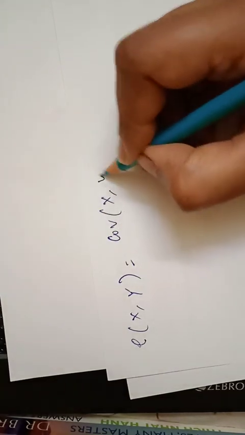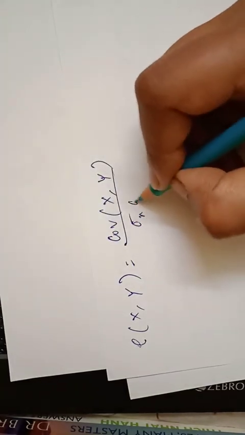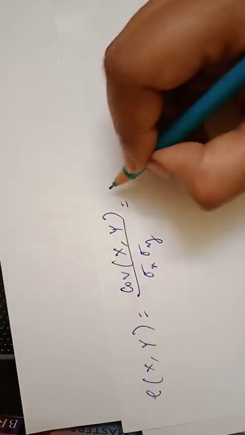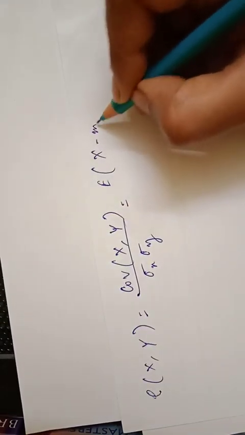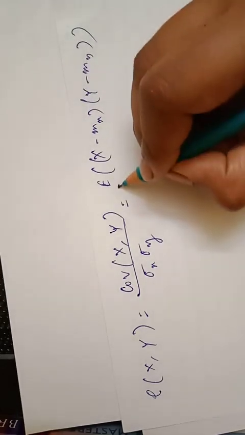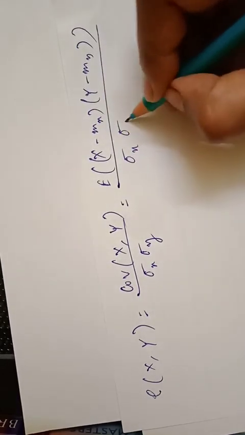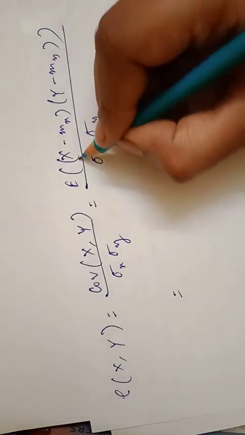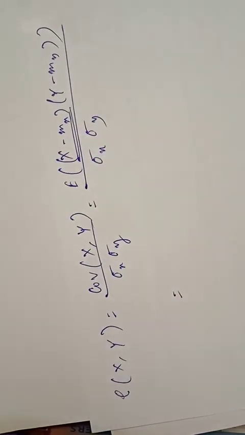Now try to calculate rho. What we need to find. Now rho means covariance of x comma y by sigma x sigma y. Covariance means expectation of x minus mx into y minus my by sigma x sigma y. Okay. Now put the value of y minus my by using the previous relations.